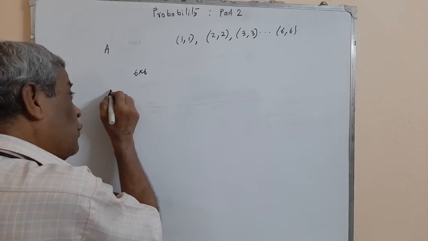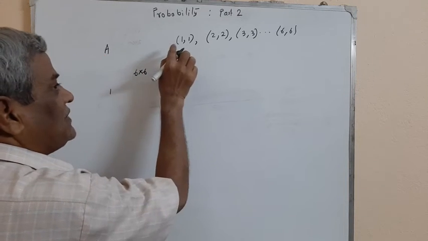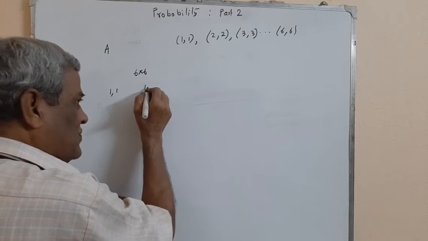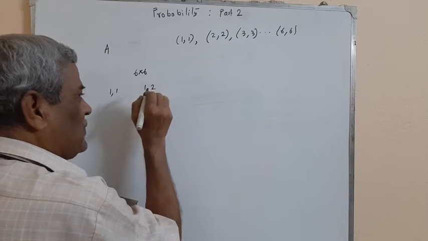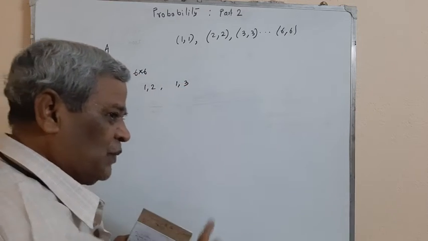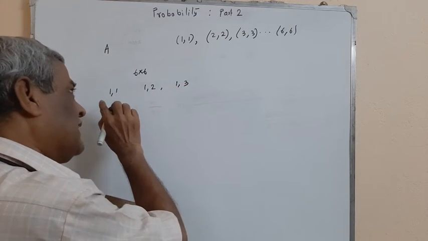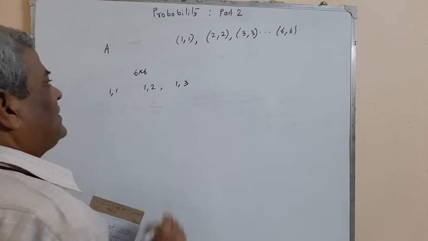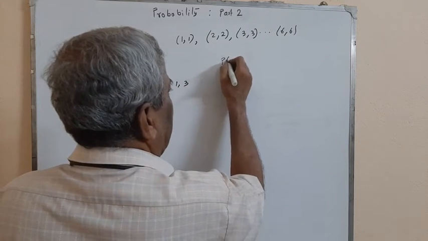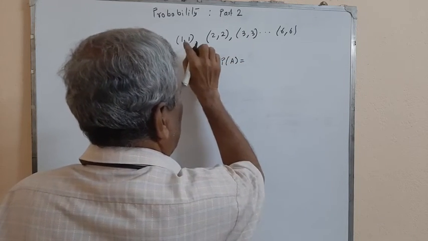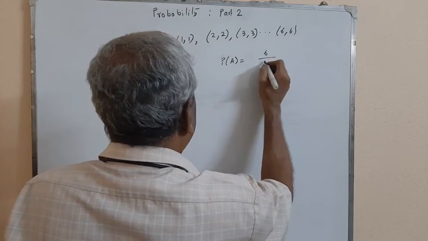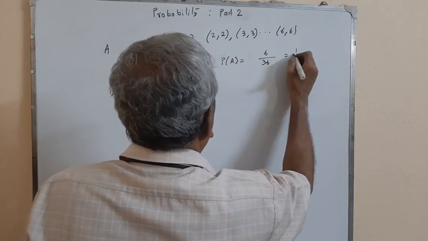If 1 shows in first dice, second can show 1, 2, 3 and so on. So for 1, there are 6 possible cases. Similarly, for 6, so 6 into 6, 36 is all possible cases. So probability of A is equal to, favorable cases 6 by 36. It is equal to 1 by 6.